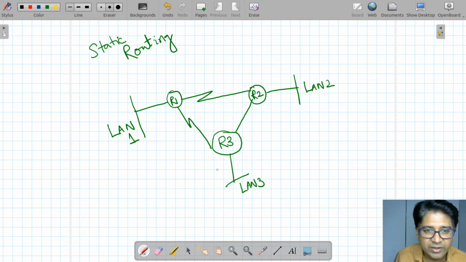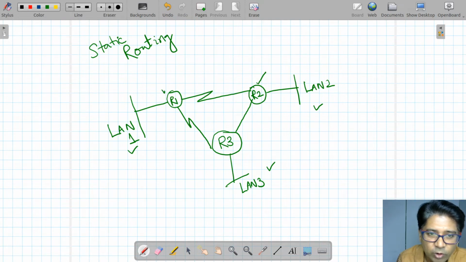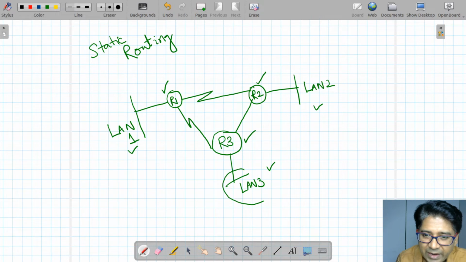For communication between LAN 1, 2 and 3, we need some kind of routing. For LAN 2, R2 will be the gateway, whereas for LAN 1, R1 is the gateway, and R3 is the gateway for LAN 3.